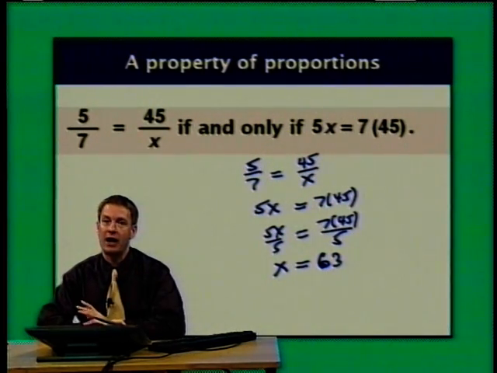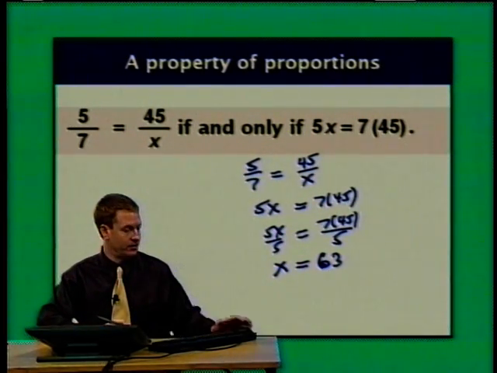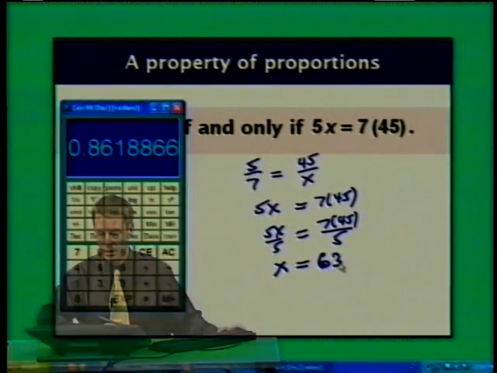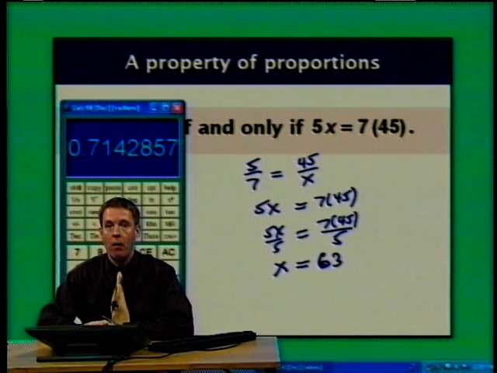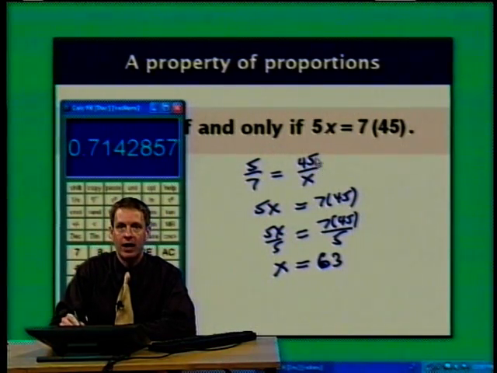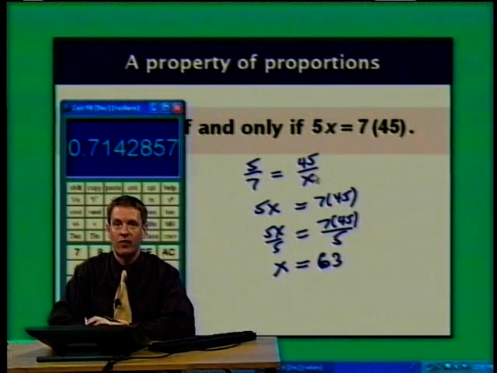Let's do a quick check on our calculator to make sure that this solution is valid. I'm focusing on my ratio equation, so the first thing I'm going to do is say, okay, what's 5 divided by 7? And that's about 0.714. So now I want to ask myself, if I replace x with 63, is the fraction 45 over 63 about 0.714?